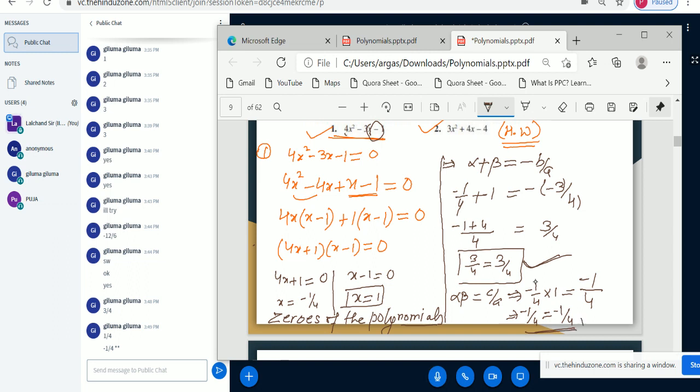So this is also verified. Are you getting up to this? Can you solve this type of question? The question is based on quadratic polynomials and the relationship between zeros and the coefficients of the polynomial. This is quite an important question in polynomials.